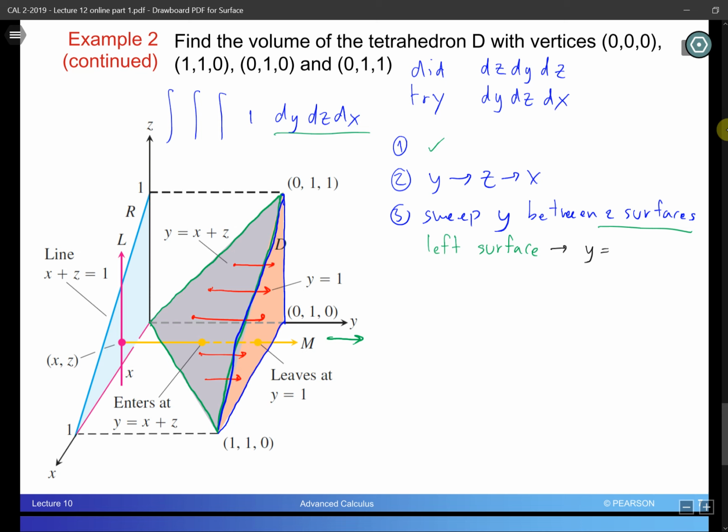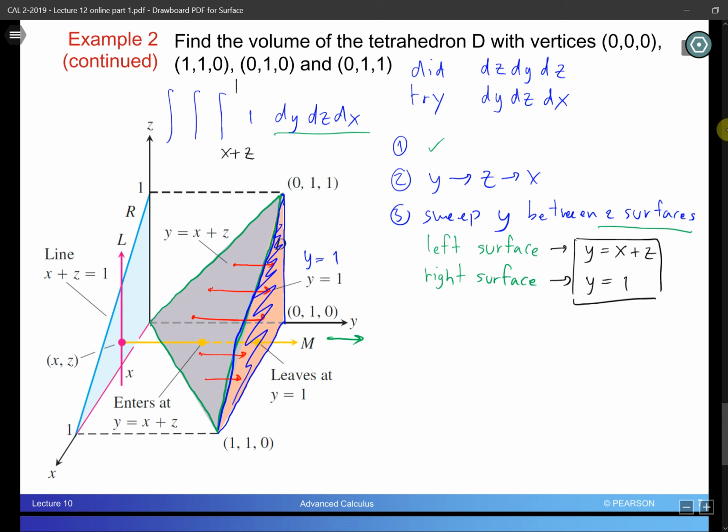Now the end of the y sweeping is the right surface, and that is y equal to 1. So we got the boundaries for y: y starts from x plus z and ends at y equal to 1.